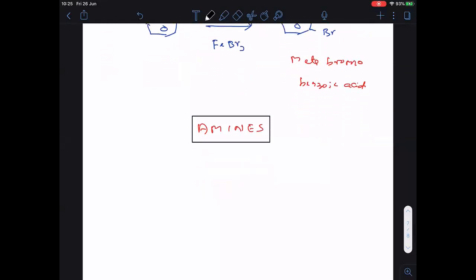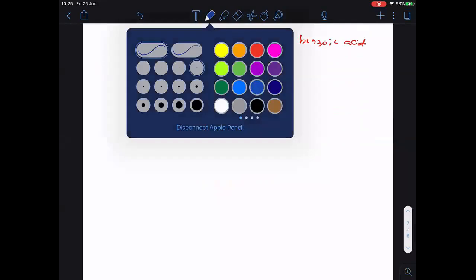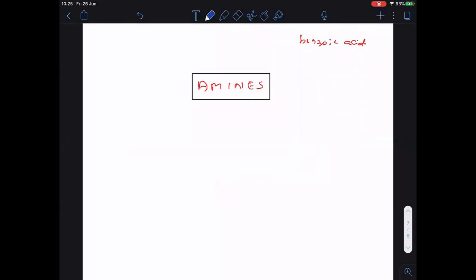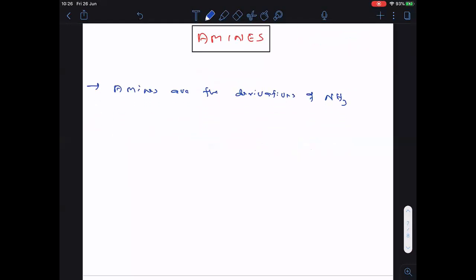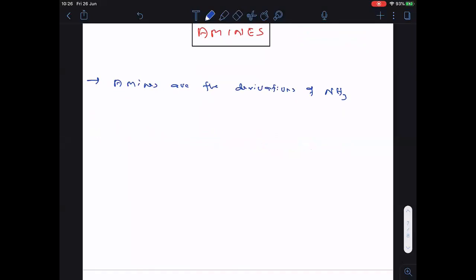Put the heading now: amines. Remember everyone, amines are the derivatives of ammonia. Clear? Amines are derived from ammonia.